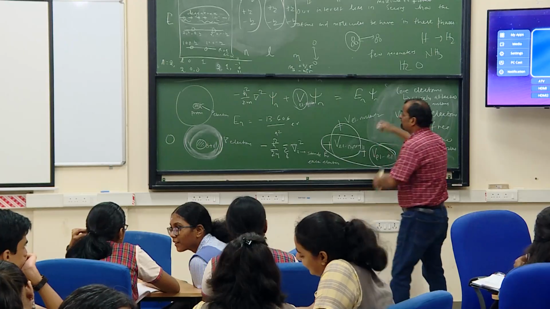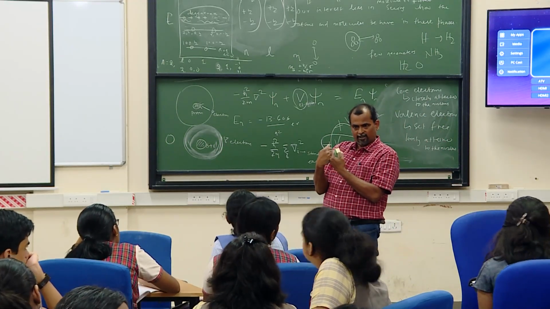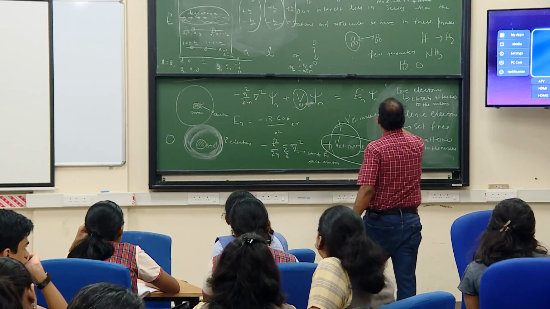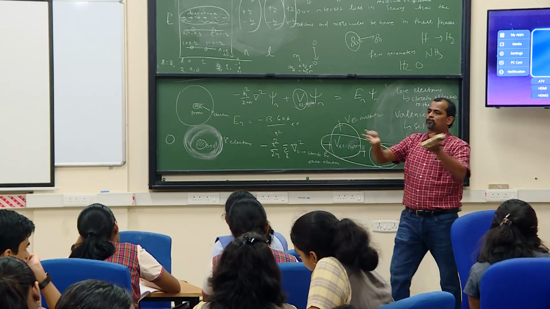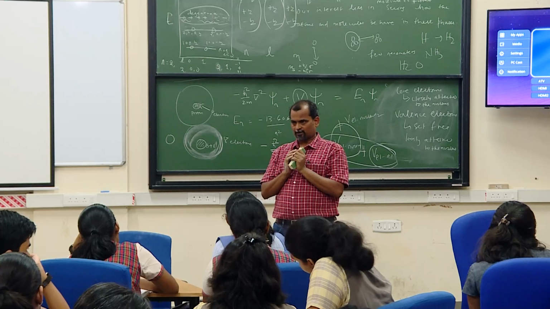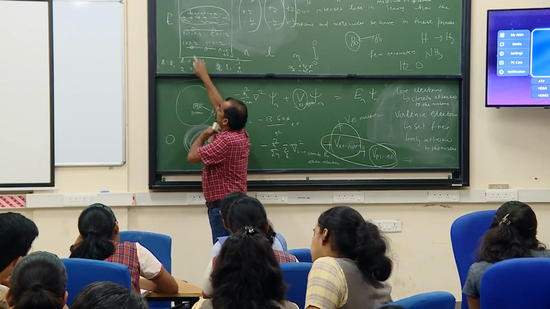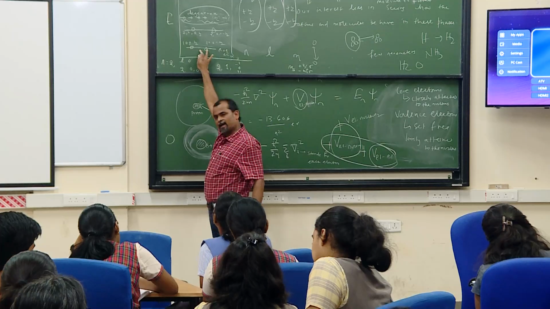Since core electrons are tightly attached to the nucleus, they do not contribute to the property of the system. They stay with the nucleus. Like here, your 1s orbitals are very close.